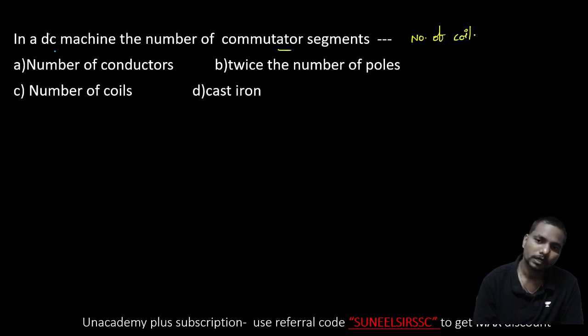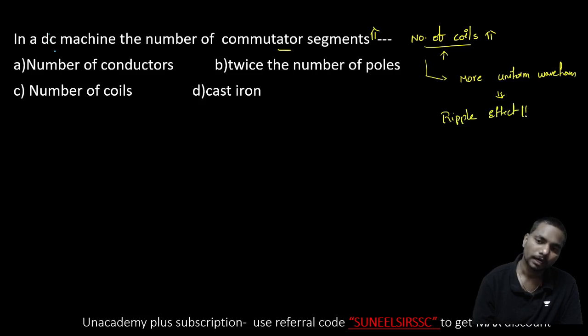If you use more coils, then you get more commutator segments, and the advantage is a more uniform waveform. That means the ripple effect can be reduced. Very important question, this is also. So the number of commutator segments is equal to the number of coils.